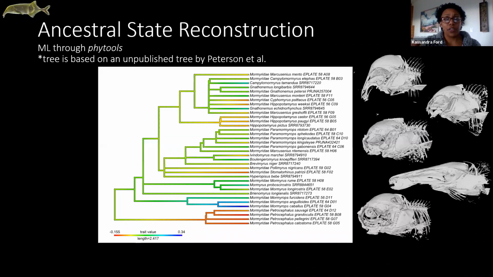The ancestral state reconstruction again showed a potential estimated ancestor of an intermediate length rostrum, multiple instances of evolution towards short-snouted phenotypes, and at least one towards longer snouted phenotypes, as we saw in the Apternotidae family as well.